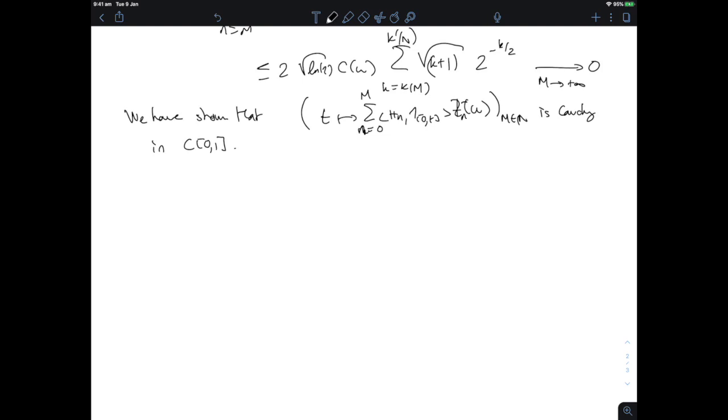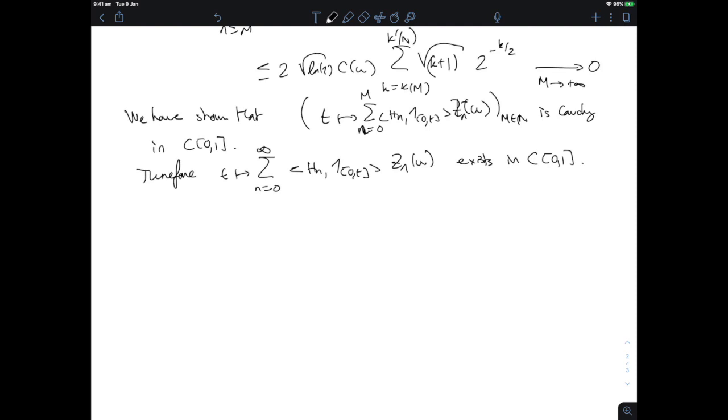And now we know that uniform limits of continuous functions are continuous functions. We get that from, say, analysis 1. Therefore, this limit exists in the space of continuous functions.